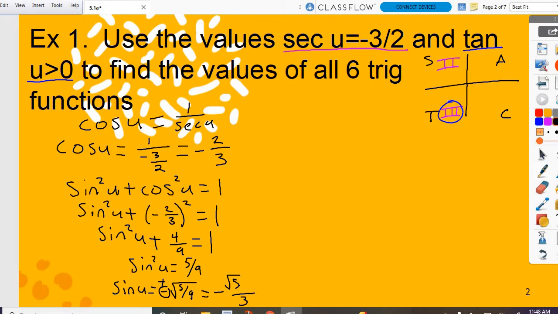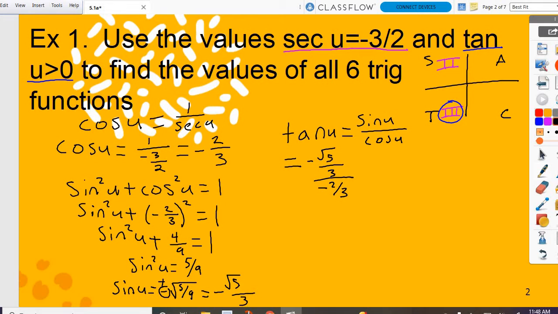So then once I have sine, what can we find next? Sure. What is tangent going to be? So tangent of u is going to be sine over cosine, which we just found that sine is negative square root of 5 over 3, and cosine is negative 2/3.